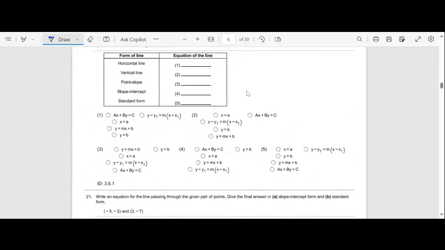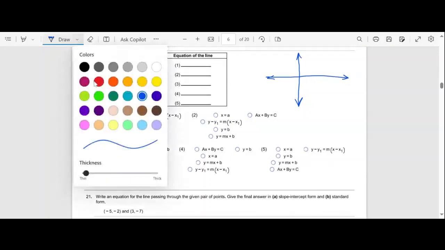Question number 20. He's asking you to select the correct choice from the choices listed below. Horizontal line. If you have a horizontal line, like if you have a graph like this, okay, I'm going to change the color.